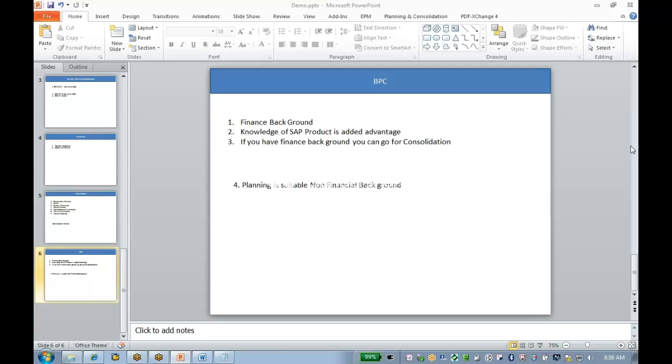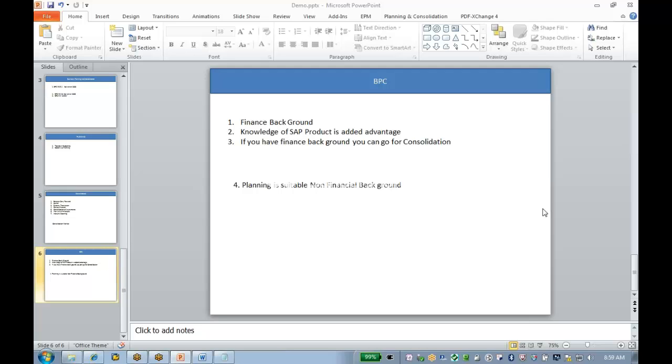Sometimes, if you see Dubai, there is a planning and consolidation role. But in industry, do they have separate consultants, or can one consultant manage both? In my company, we have consolidation consultants separate and planning consultants separate. But some consultants who have a finance background can do both consolidation and planning. Or finance and costing, something like that. Basically, yes, as simple as that.